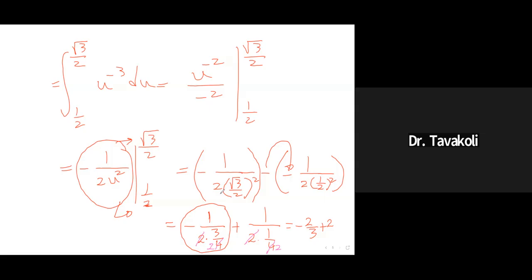So that's why the first term is minus 2/3. And the second fraction, 1 over 1/2, is 2. So this fraction is going to be 2. And minus 2/3 plus 2 is going to be 4/3. And that's the final answer for this integral.